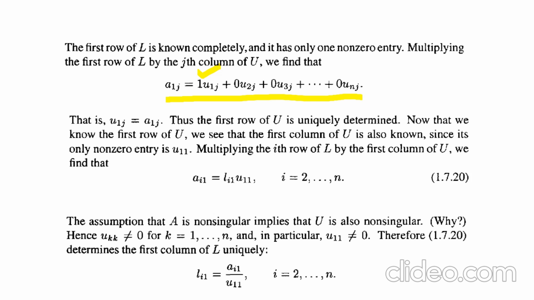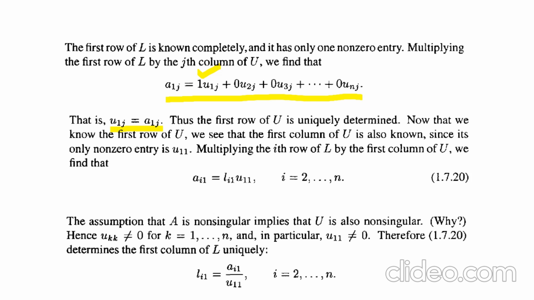Therefore, if you want to write it in its complete form, you will write it as U1j is equal to A1j. This can be deduced from the above result because all other entries are zeros. Thus, the first row of U is uniquely determined.